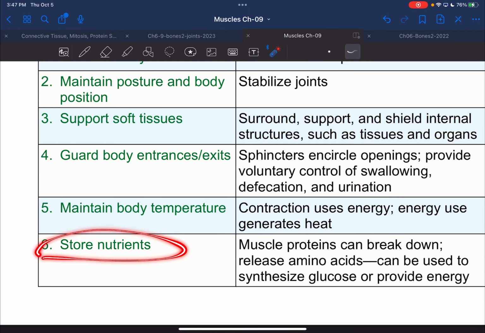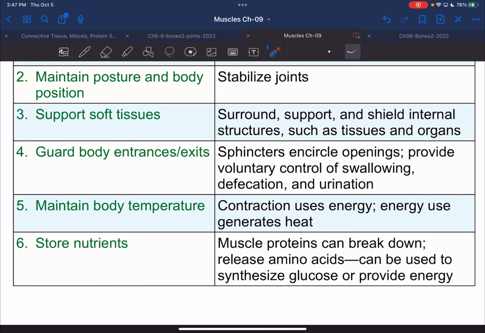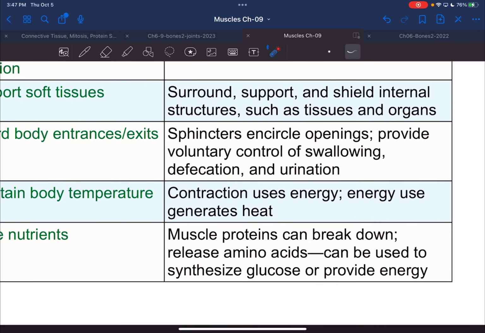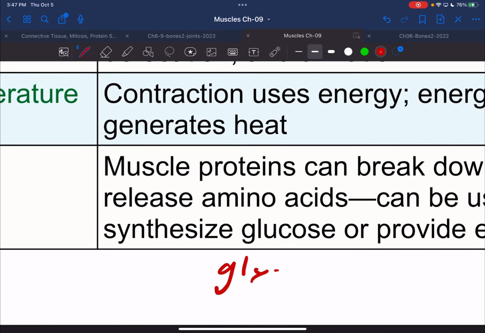And then lastly, they store nutrients. When we say nutrients, one major store that they have is that they store proteins. They metabolize them very well. This is why you see everybody drinking protein drinks all the time after workouts. And then they also are the greatest store of glycogen in mammals, in any organism really.